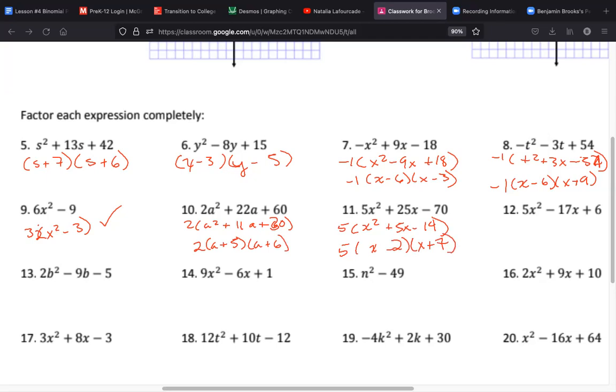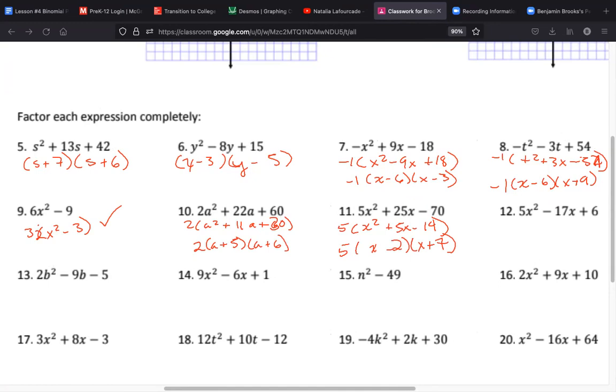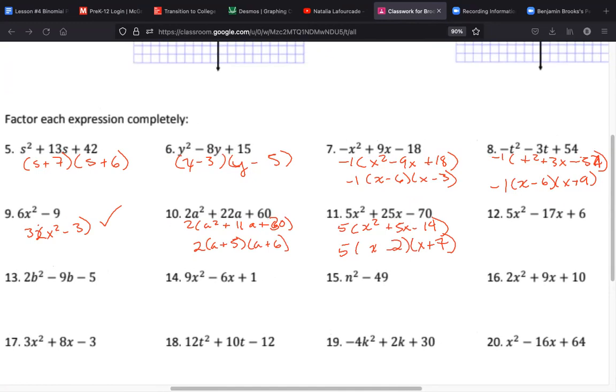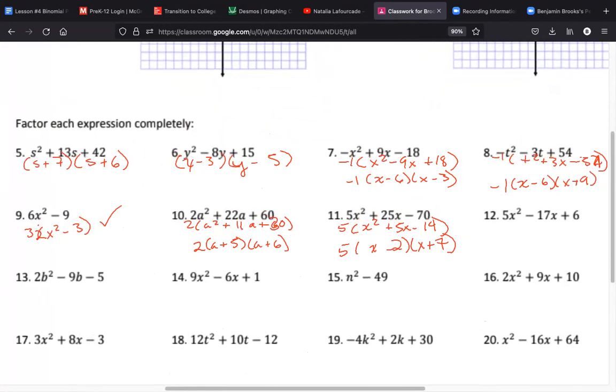All right. For this one, remember, we're going to multiply. Let's shift this over just a little. Can I zoom out just a little bit? All right. 5 times 6 is 30.